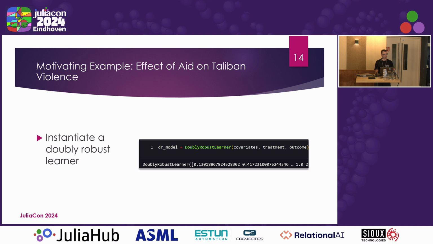And so once again, the workflow here is pretty much the same. We can instantiate a model, doubly robust learner here, pass in covariates, treatment, and outcome. And one thing to note with these estimators is you can pass in either an array or arrays, or you can pass in any struct that implements the tables API, the tables interface.